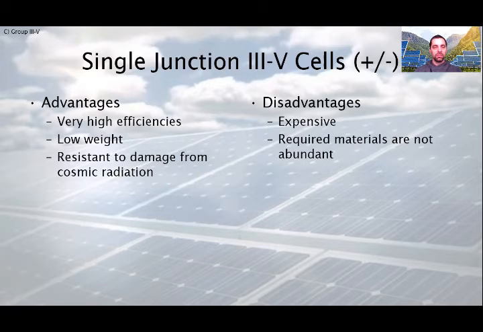Among the advantages, on the other hand, are a number of materials characteristics which make III-V solar cells the most efficient photovoltaic materials available at present. The principal reason for this is a flexible combination of a range of materials from binary to quaternary compounds with a corresponding flexibility of bandgap engineering. Also, its low weight and its resistance to damage from cosmic radiation make it an excellent space solar system.